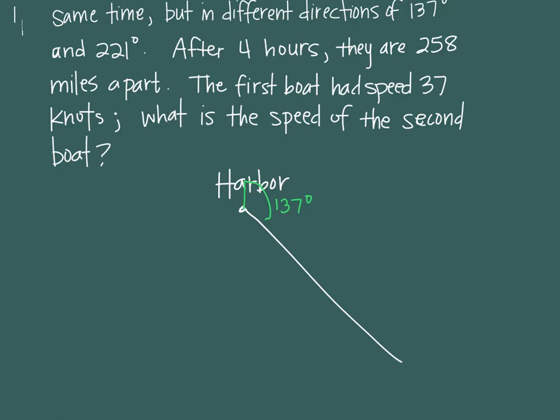The other boat is heading off in a 221 bearing. So in compass terms-ish, what is that going? Okay, approximately southwest, so 221, maybe like that. Okay, with a bearing of, this time, 221.